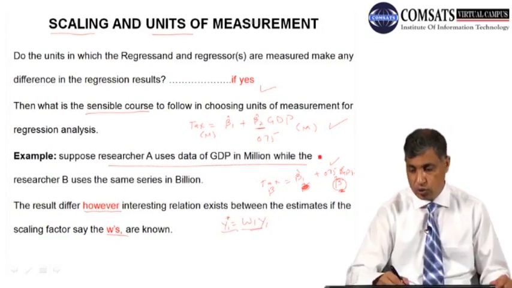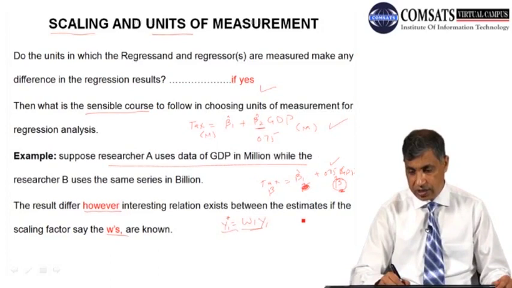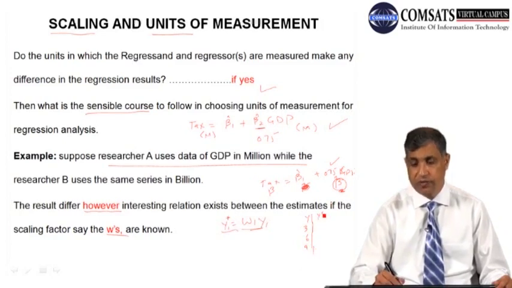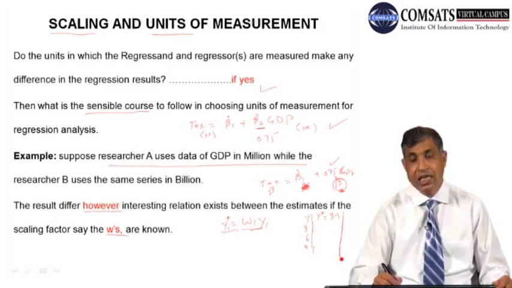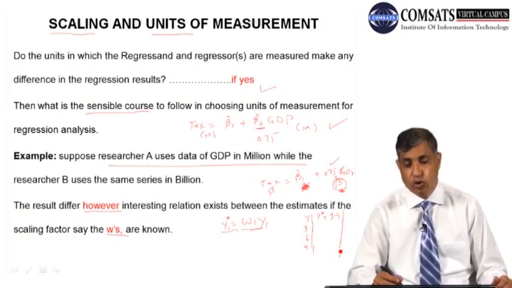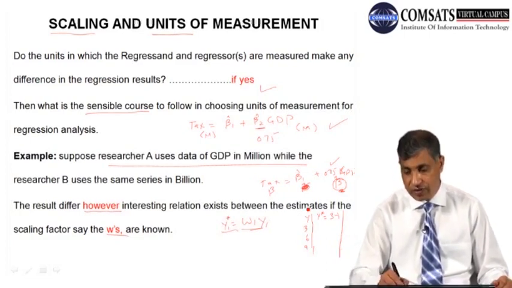If I draw here, for example these are y values: 3, 6, 9. I say that I want to generate a new variable y star from here, and y star is equal to 3y. Now I have replaced the W with this 3. So what will this be?